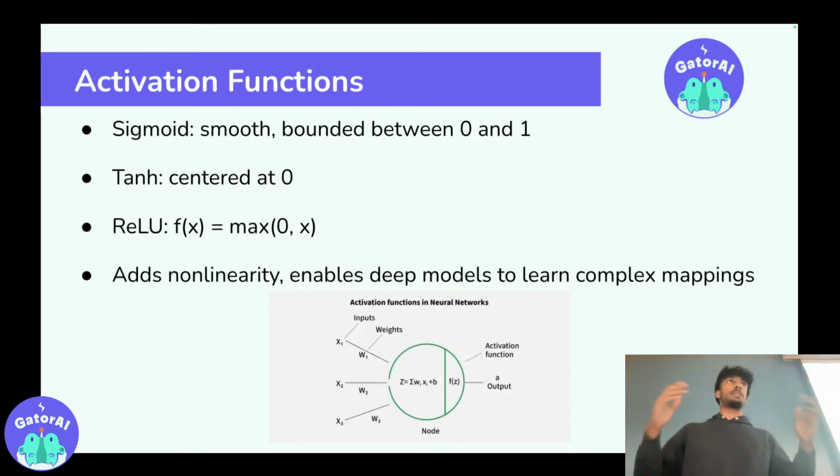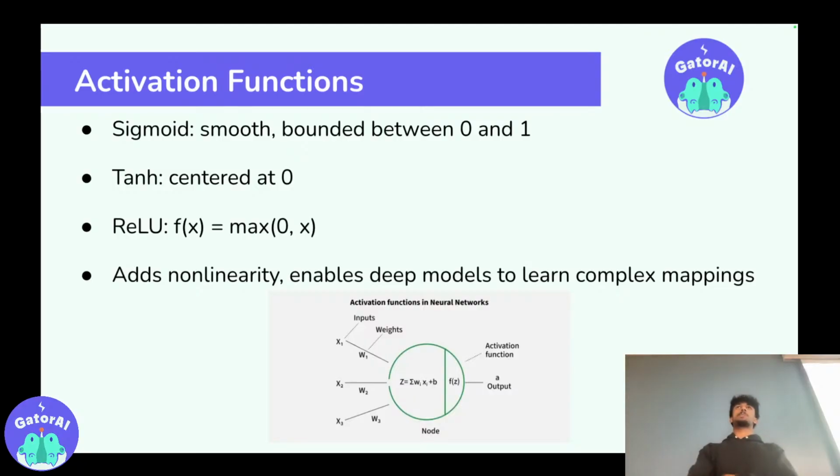ReLU became the default because it avoids the vanishing gradient problems that made deep networks pretty much impossible to train before. After ReLU became a thing, pretty much everything else just collapsed, and this became the go-to norm of the industry. Again, without activation functions, every layer would just be linear combinations, and deep learning wouldn't exist. So activation functions are pretty important.